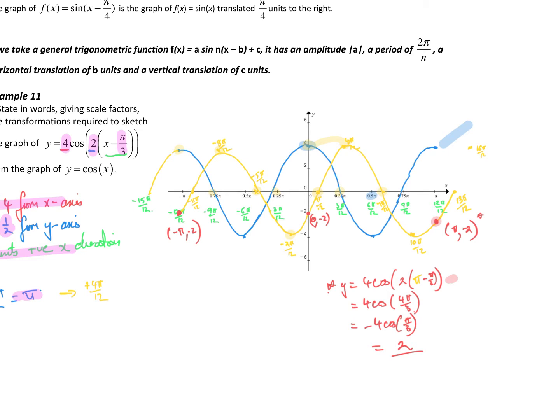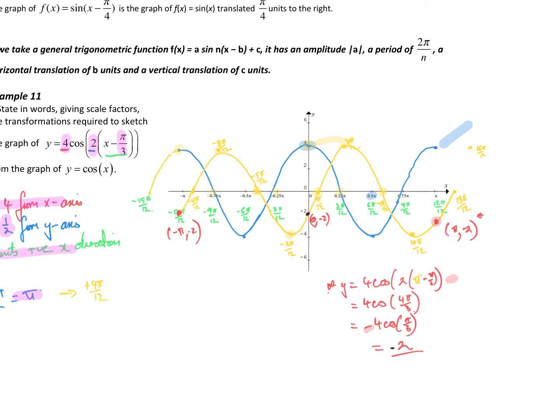And in 4 pi on 3, I'm in the second quadrant, so I get a negative answer. Oh, I left the negative sign off, didn't I? And so my y value at x equal to pi is negative 2. And it's going to be the same at 0, which is a period later, and also at negative pi.